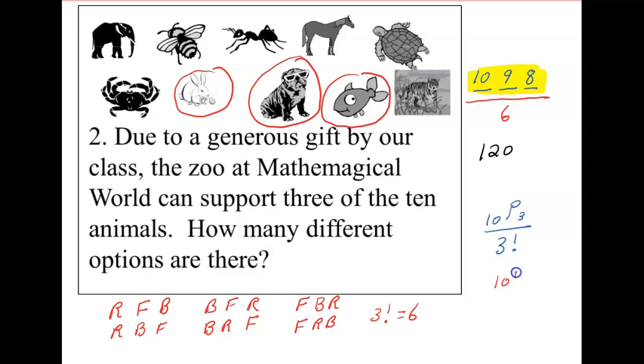It was 10 factorial divided by 10 minus 3 factorial, and that's still divided by 3 factorial. So if we do a little bit of math here, that's 10 factorial over 7 factorial, 3 factorial.